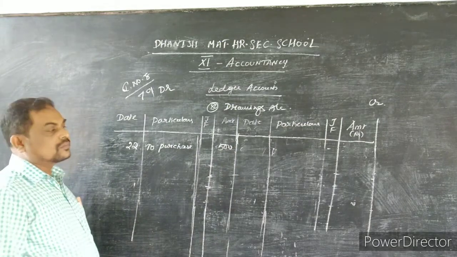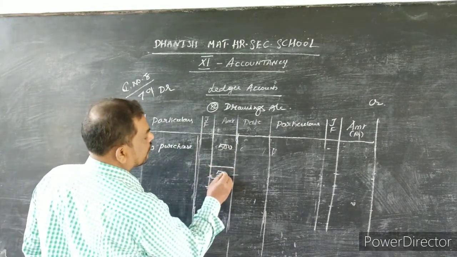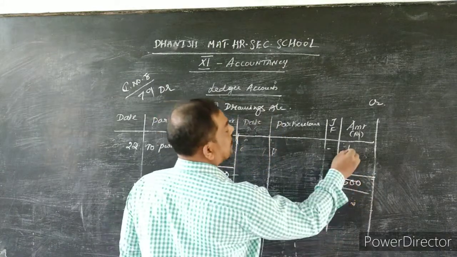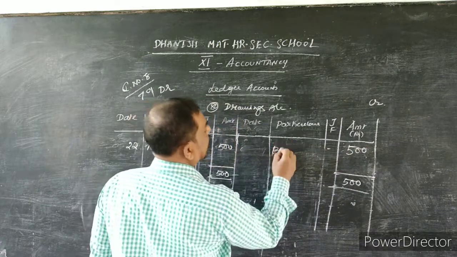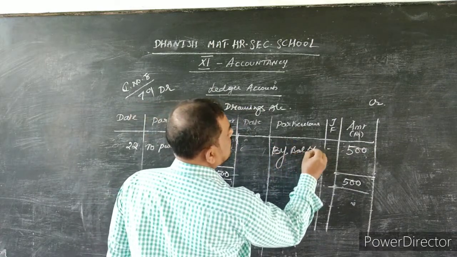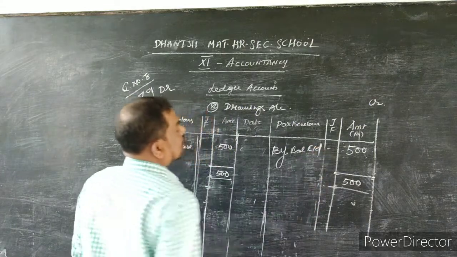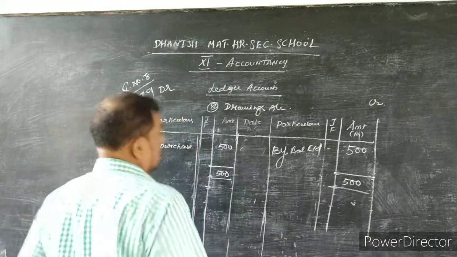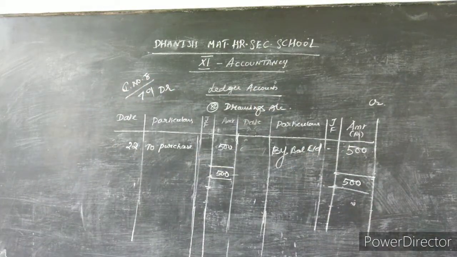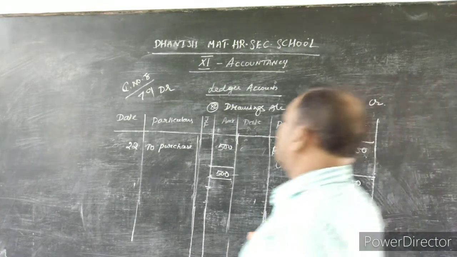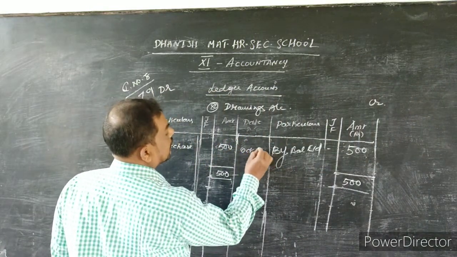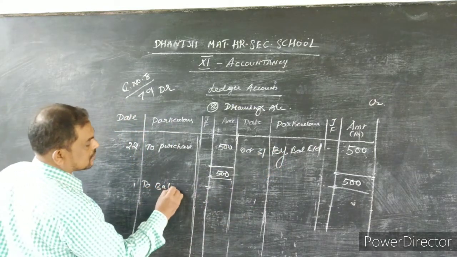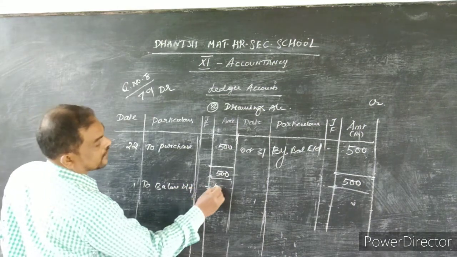Is there any other drawings in the sum? No. Just close it off. Rupees 500. The same 500 will come on the credit side. This balance is the closing balance, by balance carried down. What is the date? October 31st. This will come on the debit side, to balance brought down. The amount is 500.